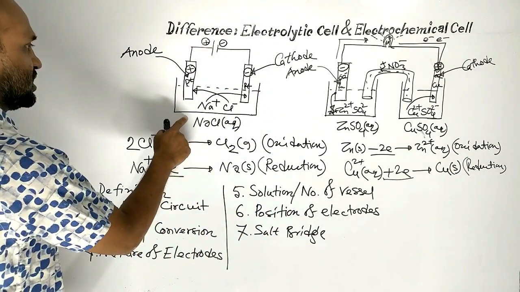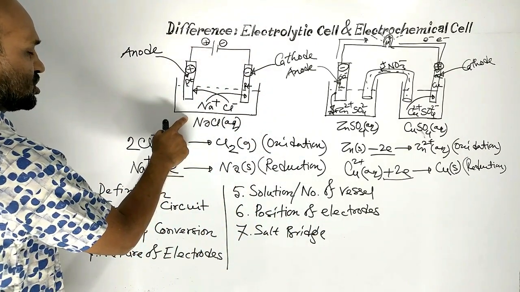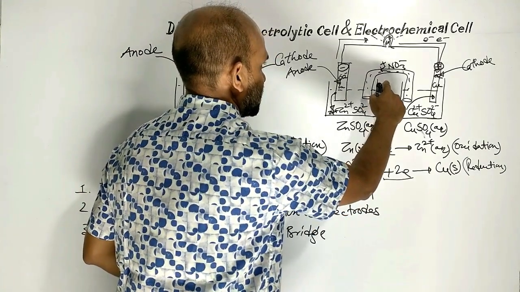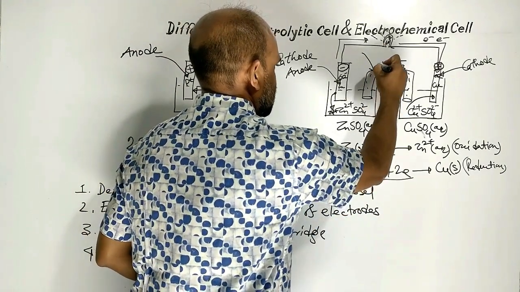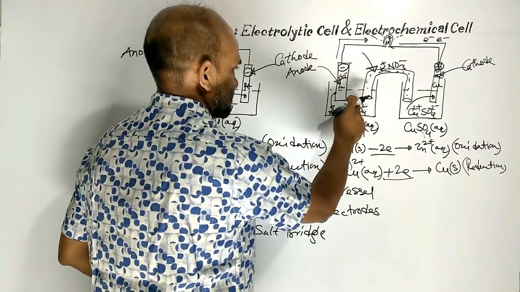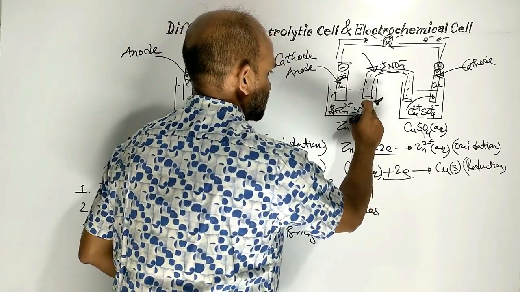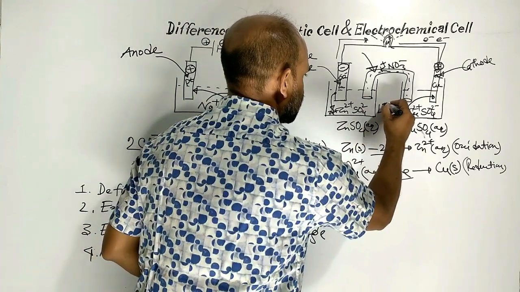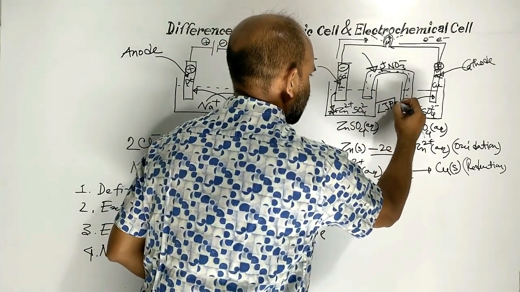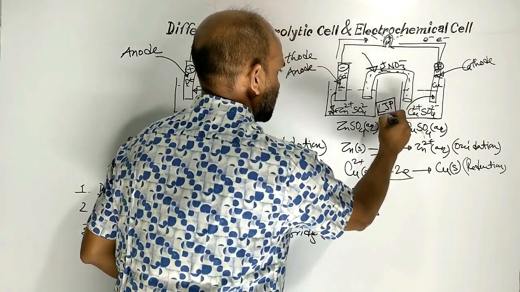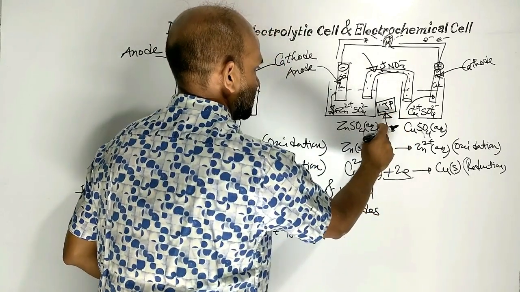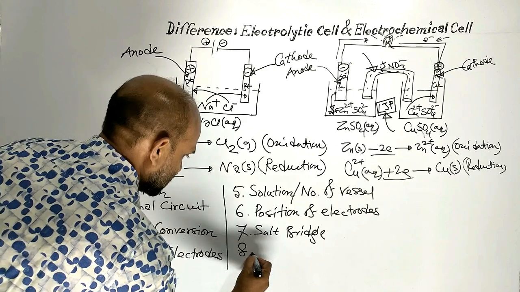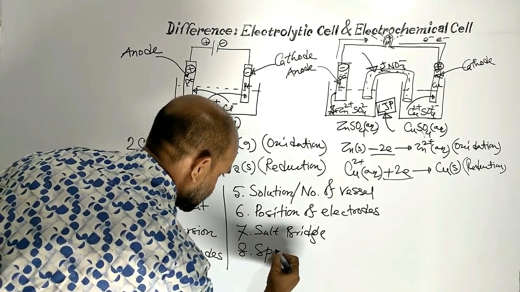In electrolytic cell, no salt bridge is used, but in electrochemical cell, salt bridge is used to connect two solutions and to prevent liquid junction potential that has been discussed in detail in the previous lesson.